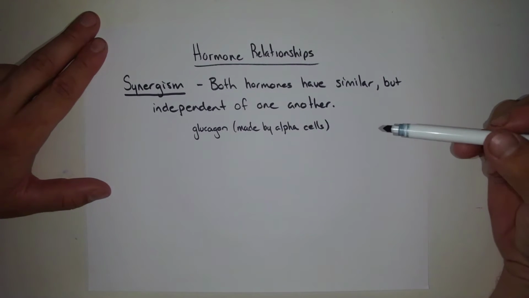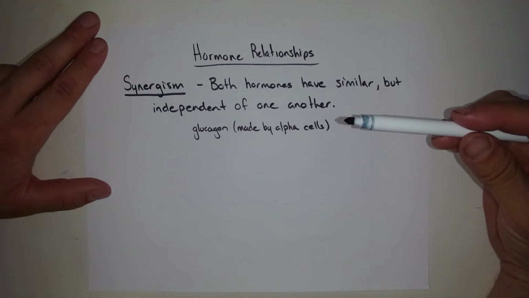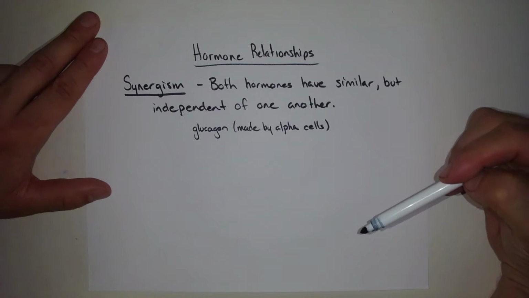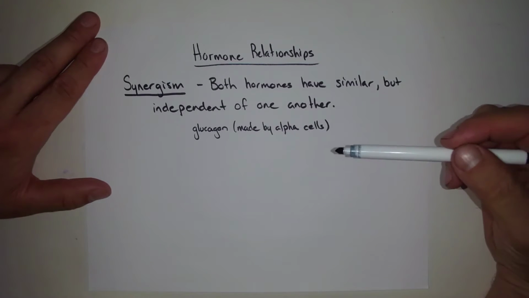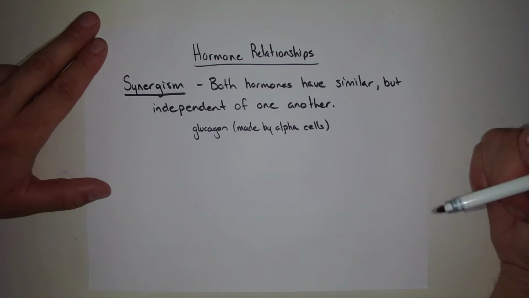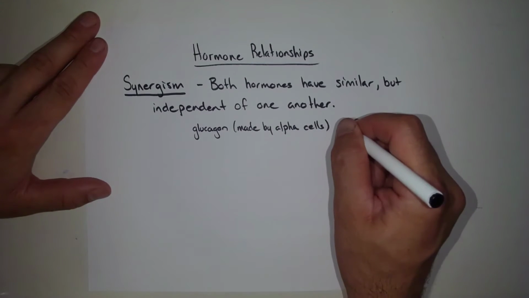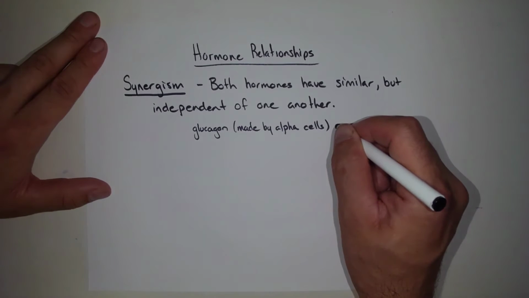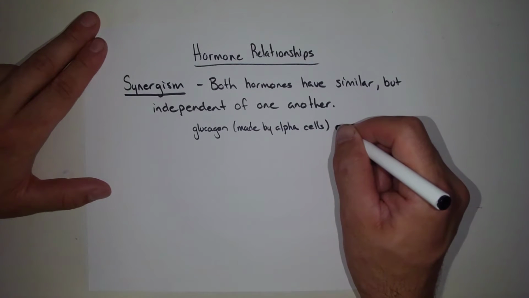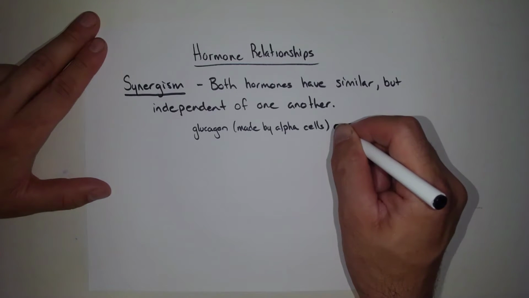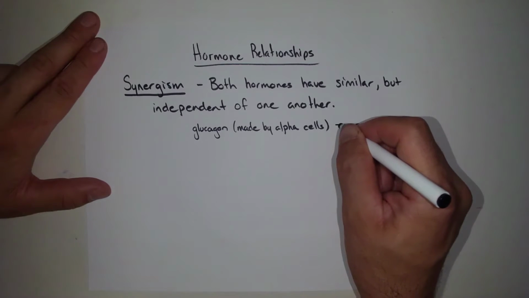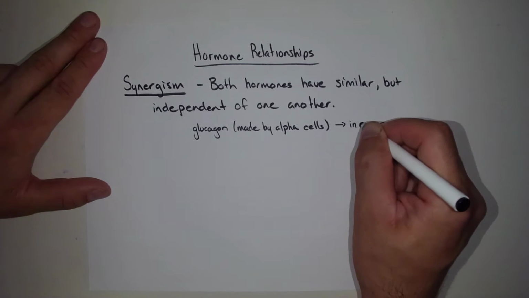Now you can run through, just knowing the name and where it's made, a laundry list of information about glucagon. But we need to know what it can do. And what it does, as the name suggests, is it affects the liver to cause the liver to release glucose and break down stored glycogen to ultimately increase blood glucose.